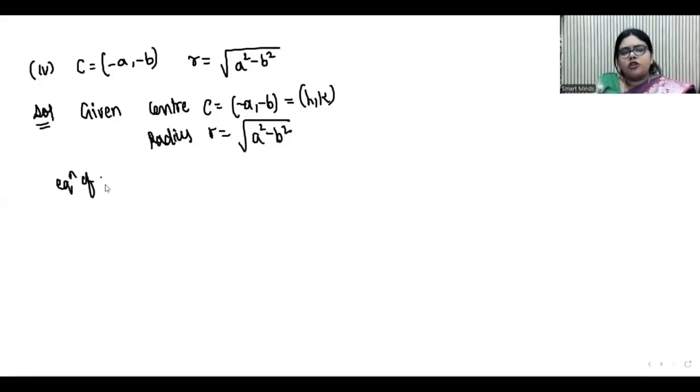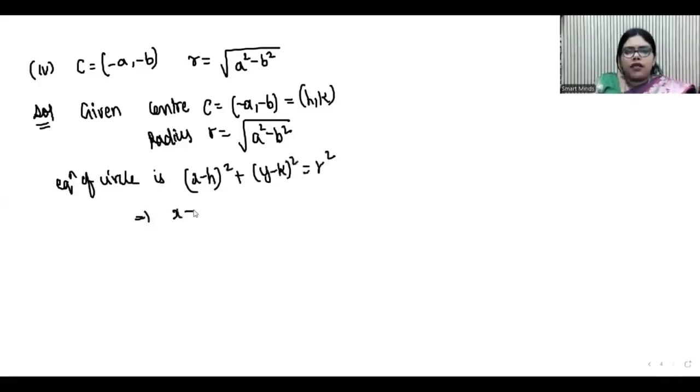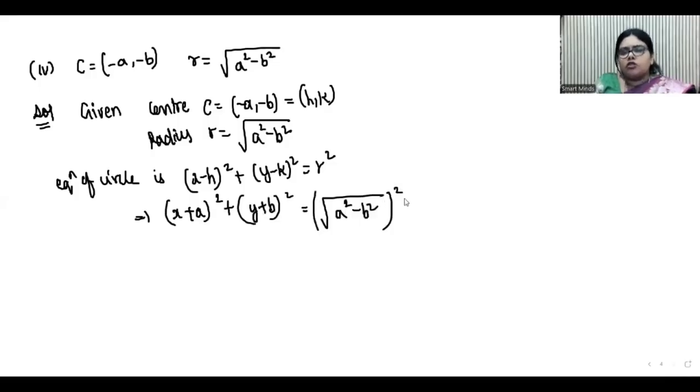So equation of circle is x minus h whole square plus y minus k whole square equals to r square. So x plus a whole square plus y plus b whole square is equal to root over a square minus b square whole square. Now here square and root get cancelled.